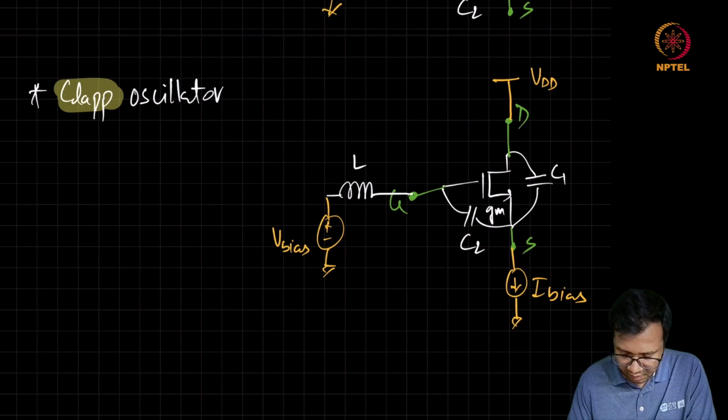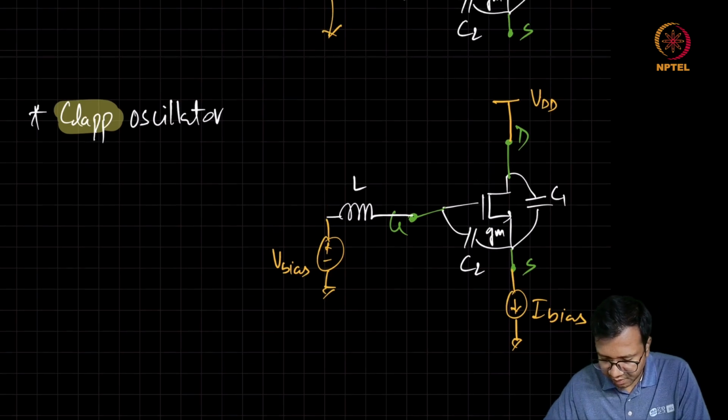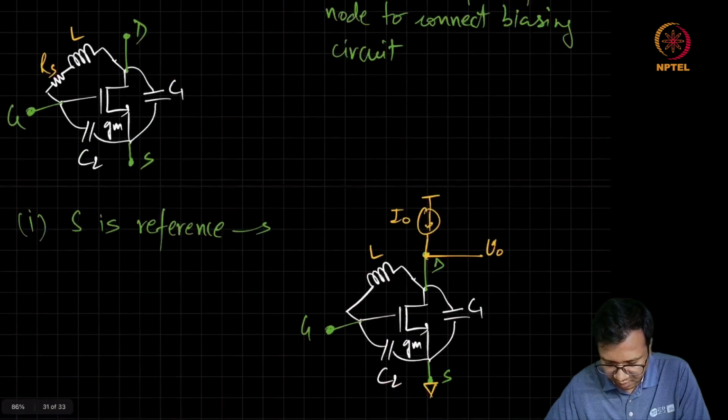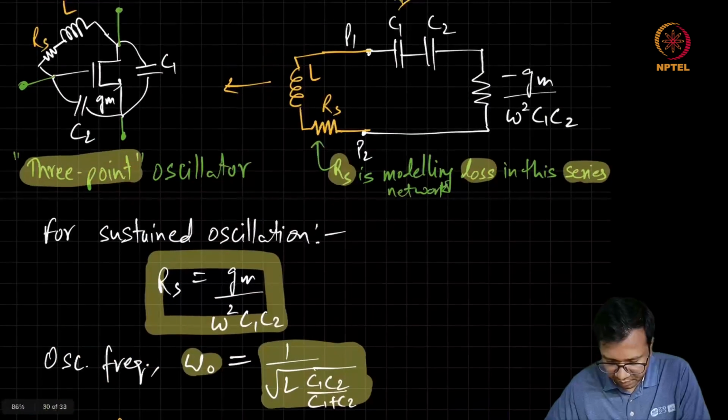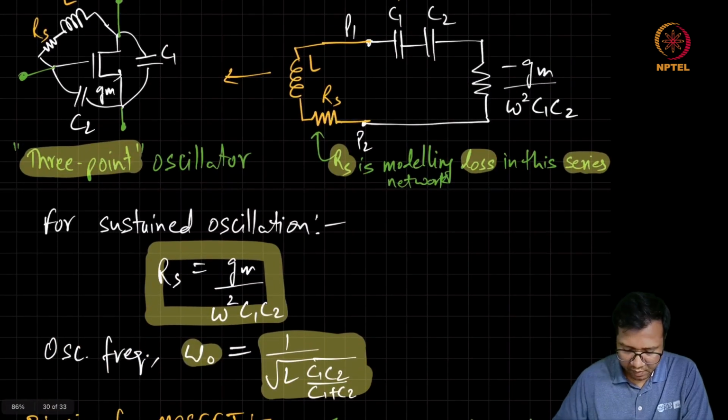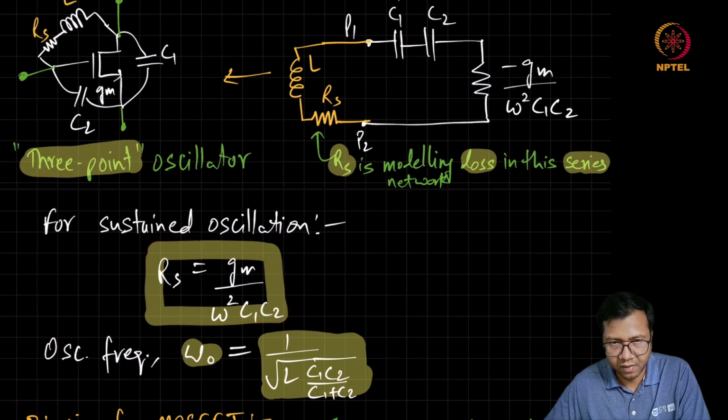We see that in all these single transistor oscillators, basically we have got a different condition for sustained oscillation, and we will find that generally this constraint on the transconductance in this single transistor oscillator is more stringent as compared to what we get in the case of the cross-coupled LC oscillator.